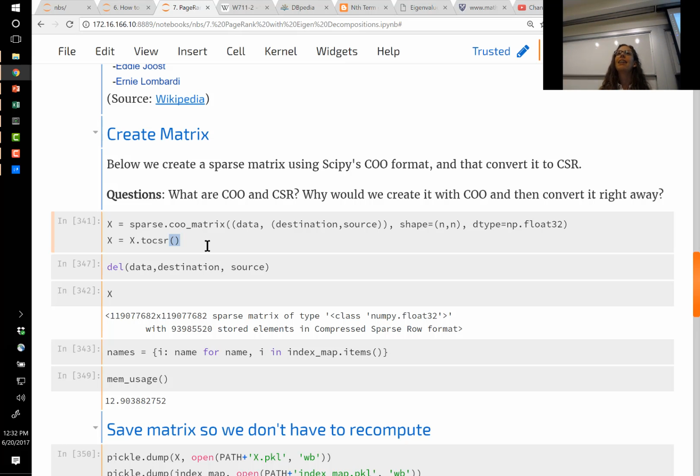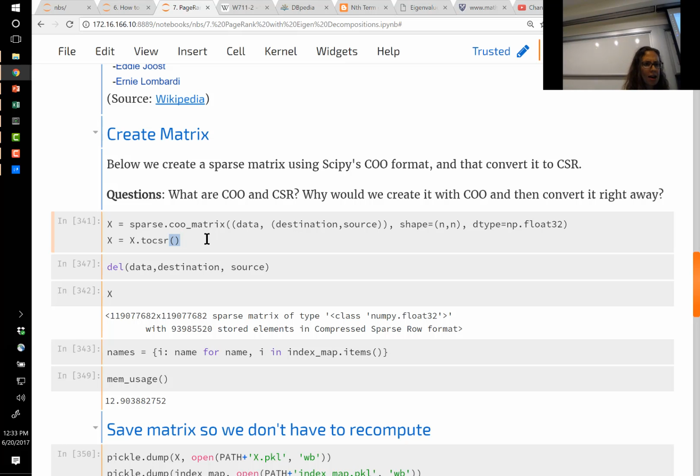COO makes the most sense logically, because with CSR we have to keep track of a row pointer and how many values are in each row, and when we need to update our row pointer, which would be a pain to do by hand. And there's efficient conversion between the different types. But with COO, it's very natural to say this is our data, by destination, comma, source. So our rows are going to be the destinations, the columns are the sources. Put that into a sparse matrix, and then convert it to CSR.